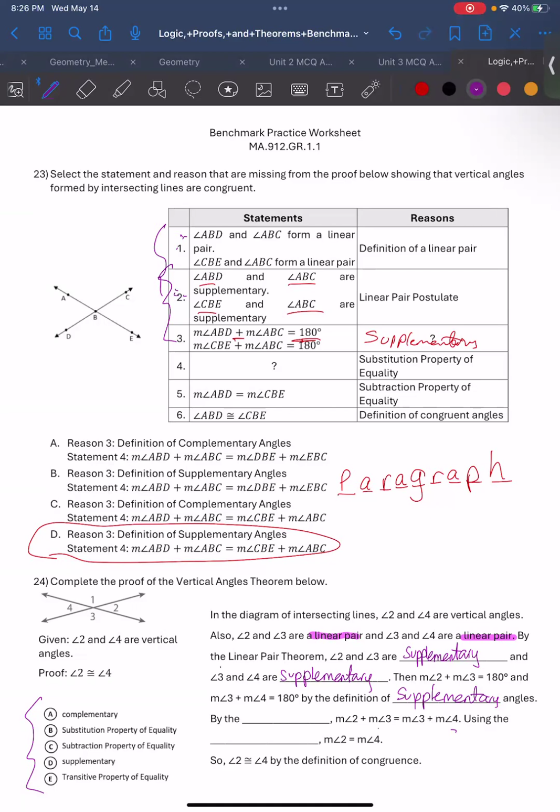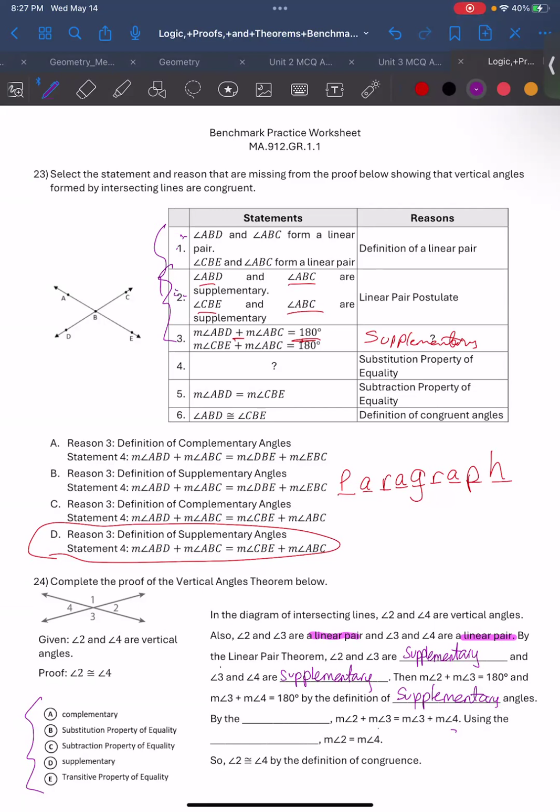Transitive. Wait, I have a question, because I thought it was transitive, but I thought that it would only use it once instead of twice. You know what I mean?